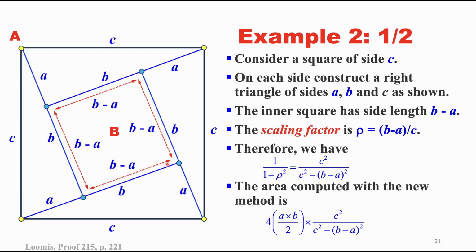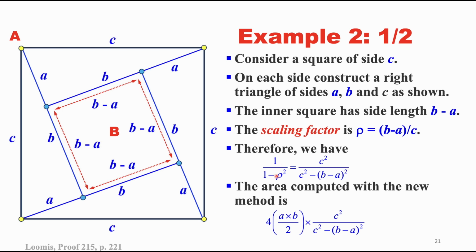Inside of A, we have a square. Again, the length of this square obviously is b minus a, b of this one and a of this one. So immediately we know the scaling factor rho is b minus a over c.